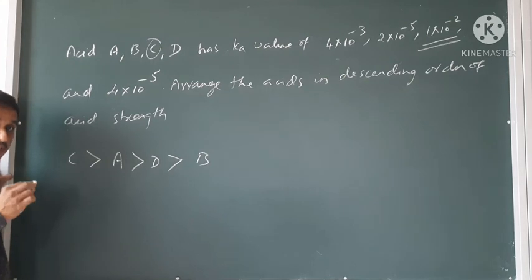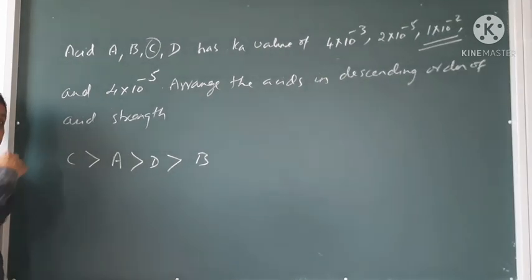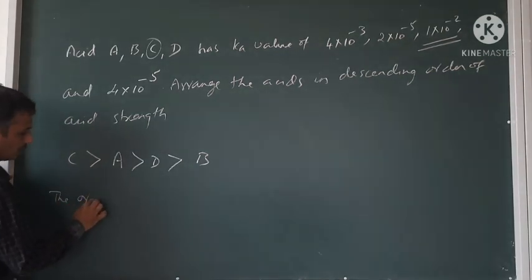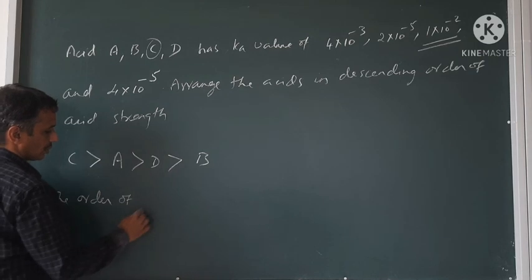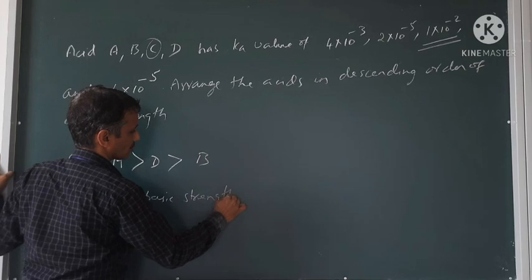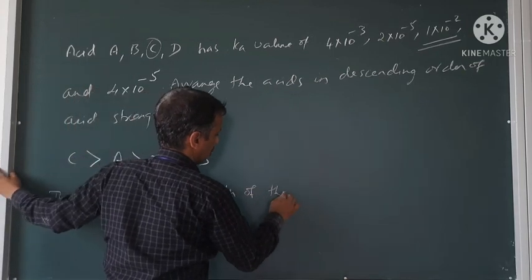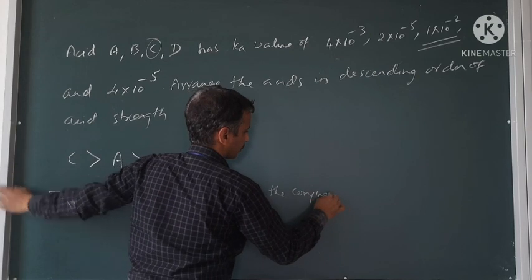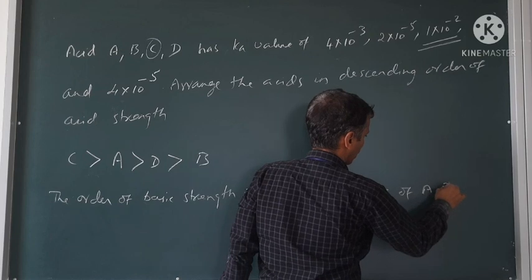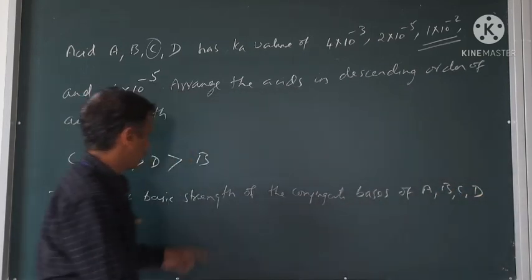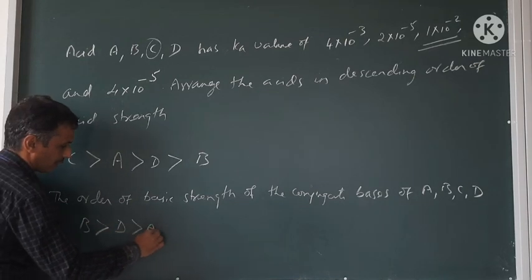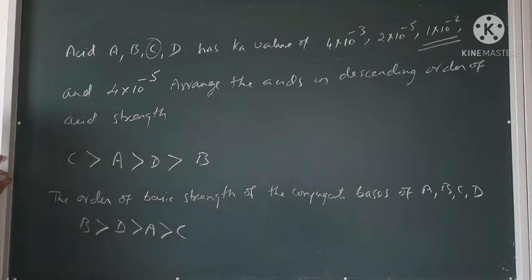If you are asked to arrange the conjugate bases of A, B, C, D in order of basic strength, then it is B greater than D greater than A greater than C. Why?